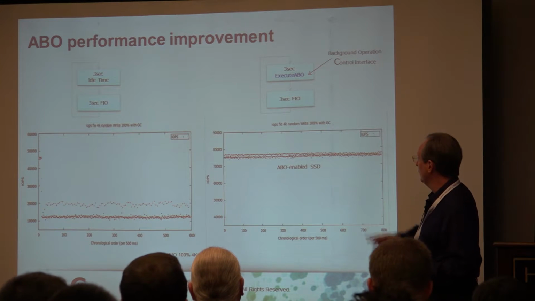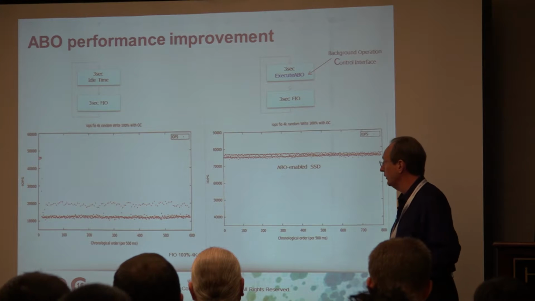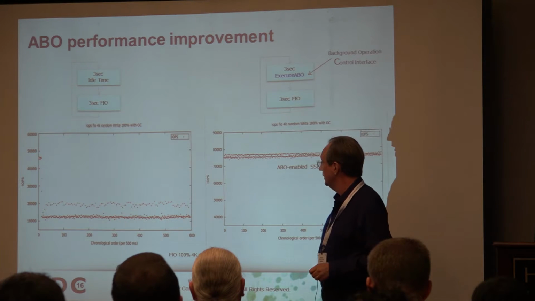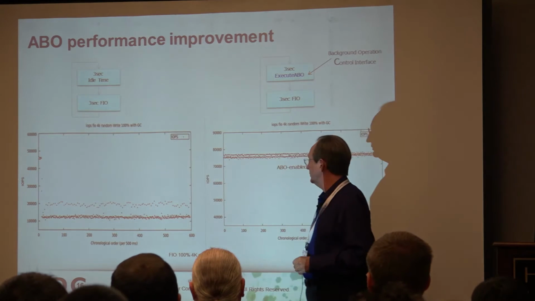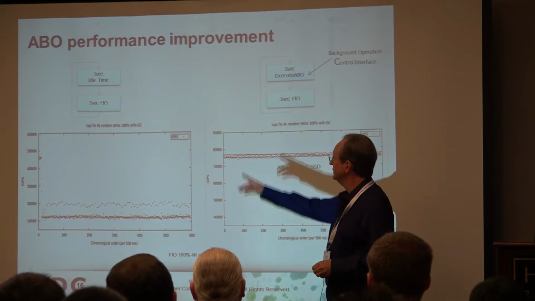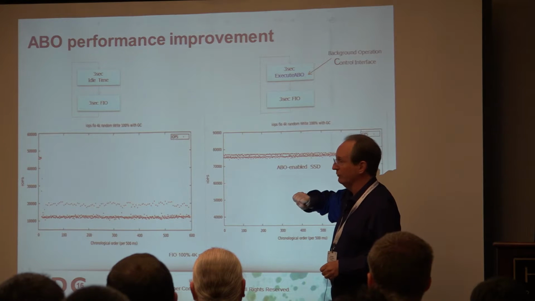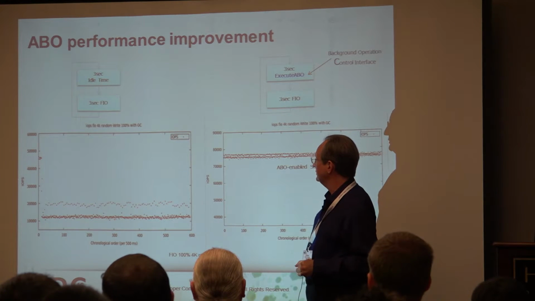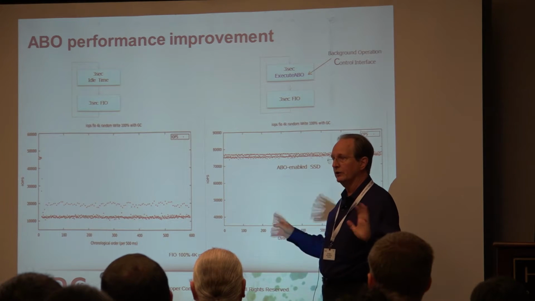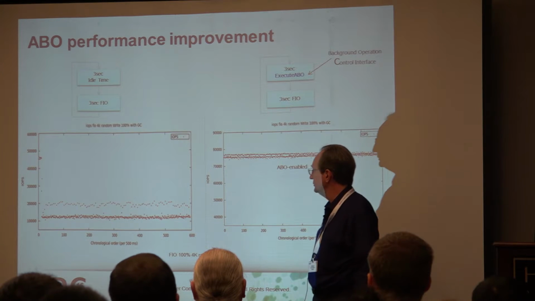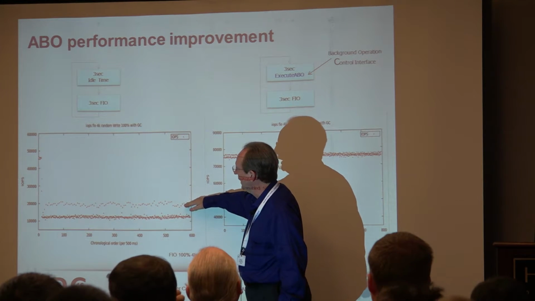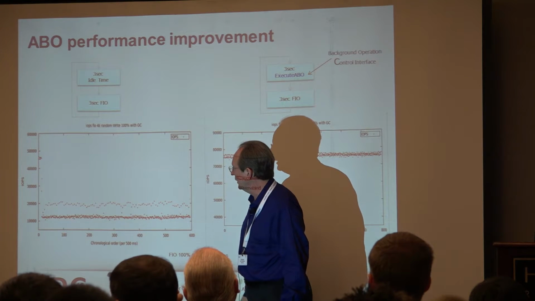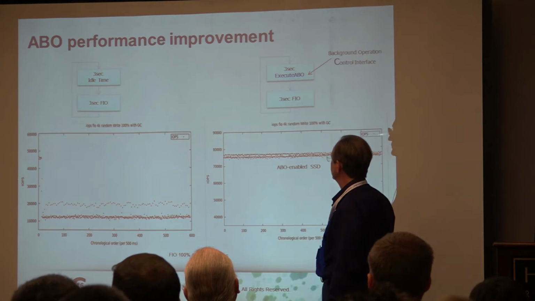Okay. So again, we did some testing internally using this feature. Without using advanced background operation, where we basically ran an FIO process, 3 seconds of FIO followed by 3 seconds of idle, but not telling the device when that idle time was, you can see at times we get about 20,000 IOPS, but the general case is about 10,000 IOPS.